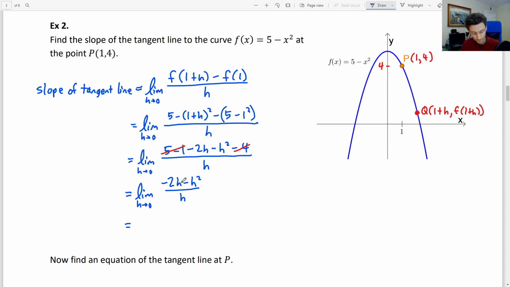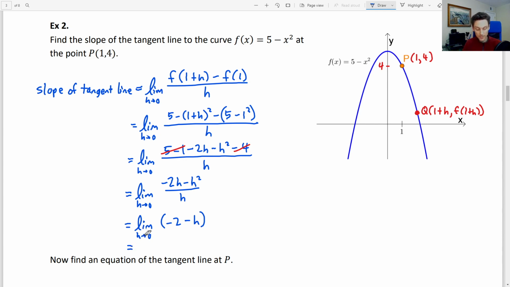Now we can take each of these terms on top and divide by h. Or you can think about factoring an h out of the top and then cancel that factor of h from the top and the bottom. I'm going to go with dividing just because then I don't have to write the extra step of factoring. So dividing each of these terms by h, I got negative 2 minus h.